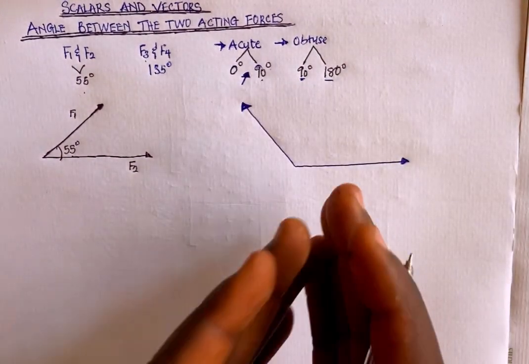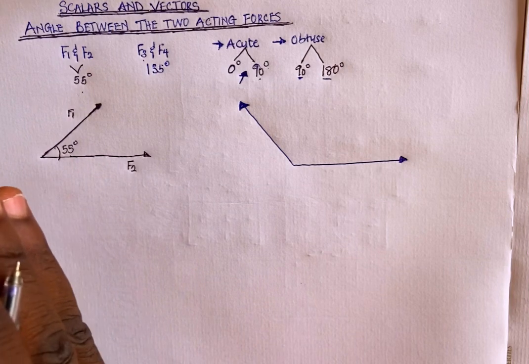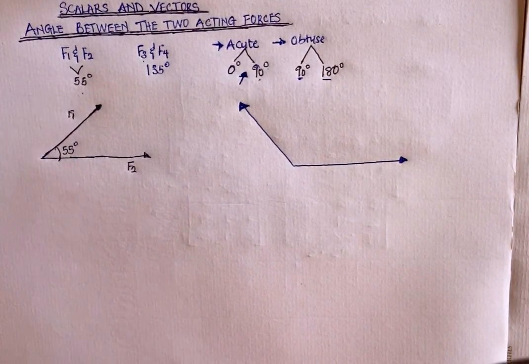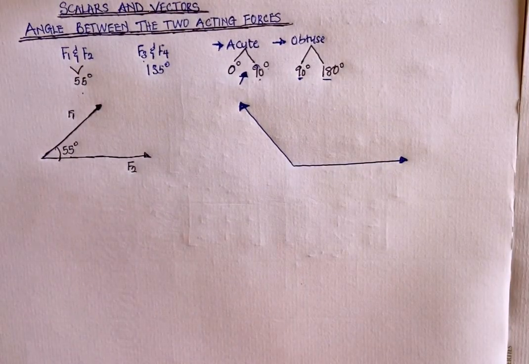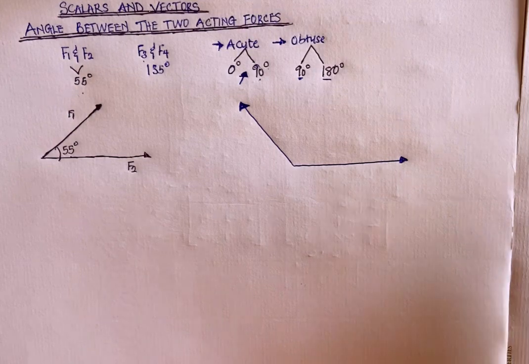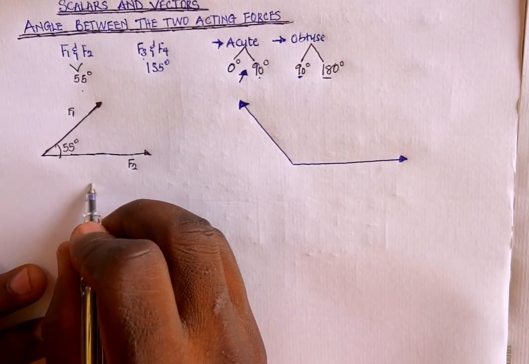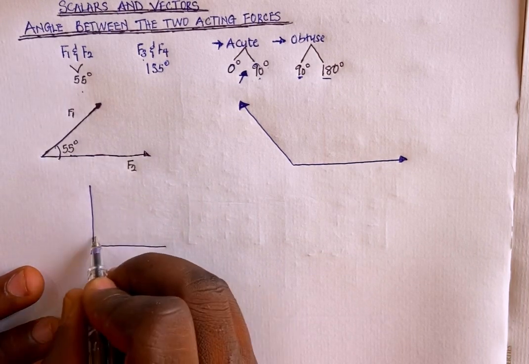The reason why I sketch the diagram this way is that we all know that if F1 and F2 are acting perpendicular to each other, that means they are acting at angle 90 degree to each other, right? And we all know that angle 90 degree is basically something like this, right?